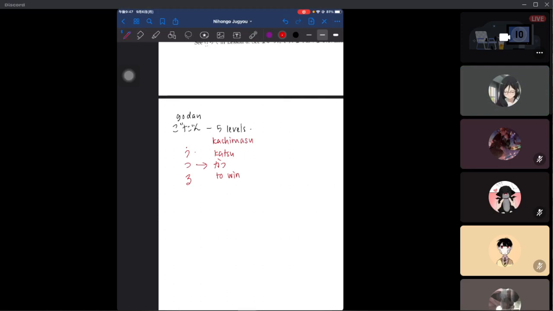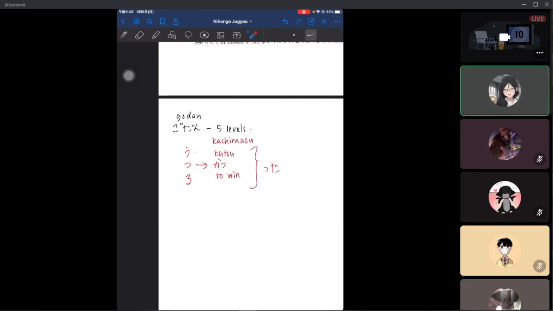When you see this kind of verb that ends with this hiragana, for example tsu, you have to change it to ta.